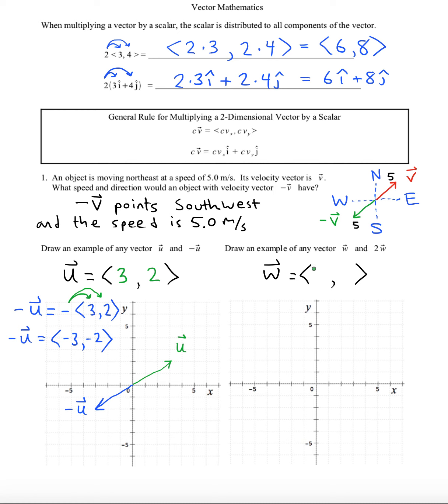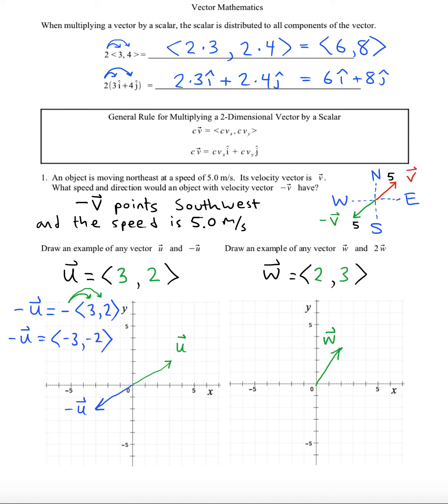I'll pick the components 2, 3. So we'll go over 2, up 3. This will be the vector w.